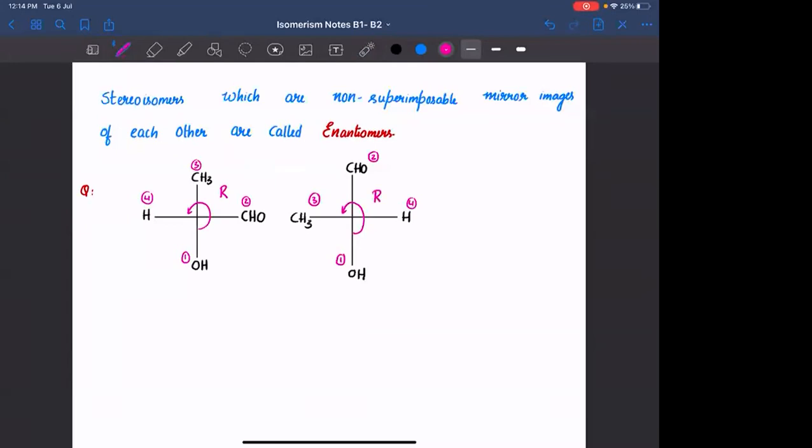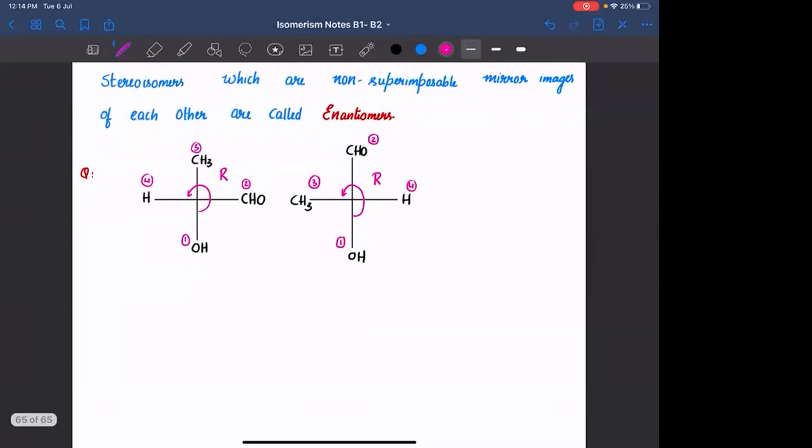This is also R. Okay, they both represent the same compound. These two are the same compound. Okay.